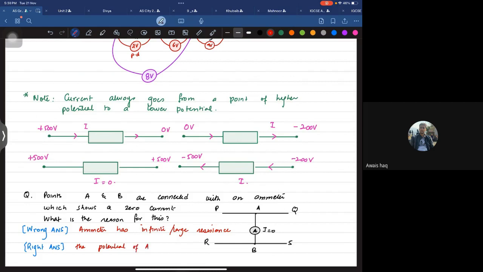of A and B must be equal. Hence, current cannot move between A and B. So you can always remember this.